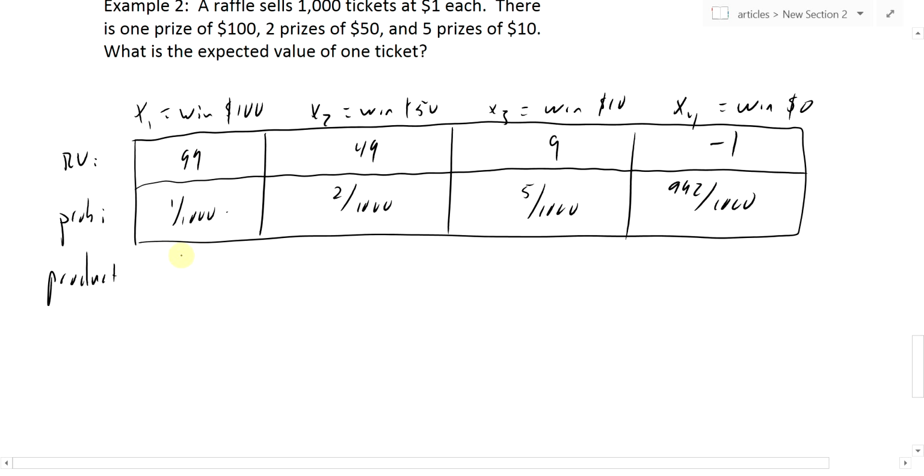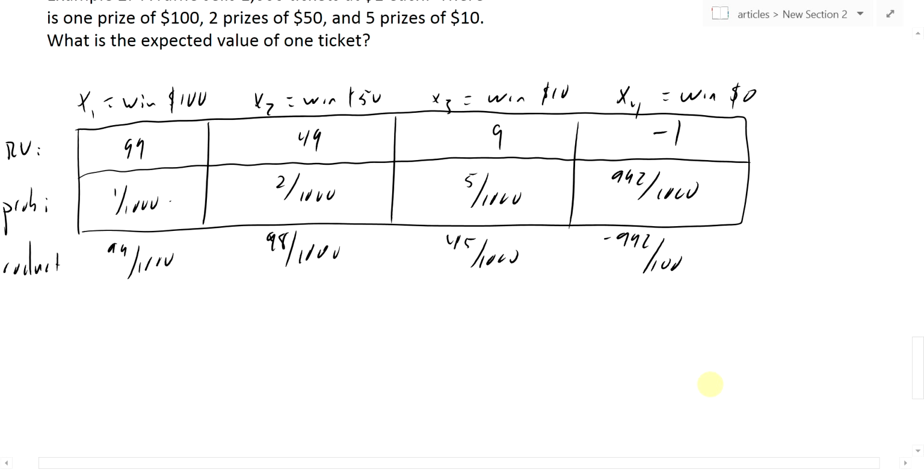And we multiply them together, so this becomes 99 out of 1,000, 98 out of 1,000, 49 times 2, 9 times 5 is 45 out of 1,000, and then -992 out of 1,000. So that's in calculating the expected value.